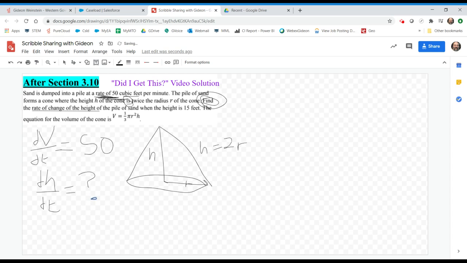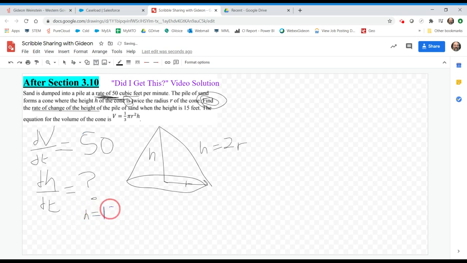So I have two rates. One of these rates is given. One of these rates is being asked about. They're somehow related to each other. This is definitely a related rates problem. Of the pile of sand when the height is 15. So we want dh/dt when h equals 15.